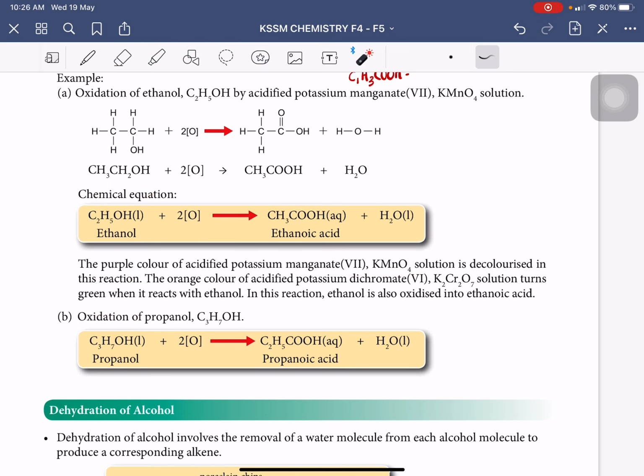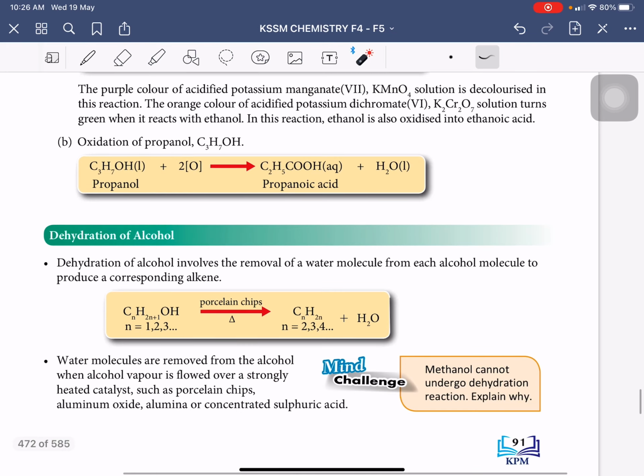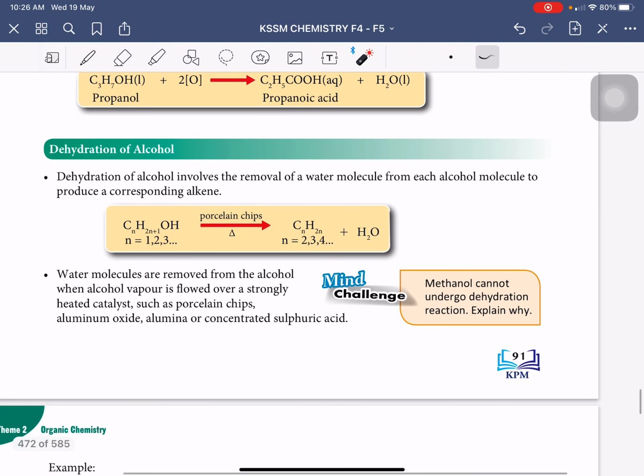Tapi kalau kamu guna acidified potassium dichromate(VI), warna larutan kamu bertukar dari warna oranye ke warna hijau. Itu dua pemerhatian yang berbeza. Okay, we done with this one.